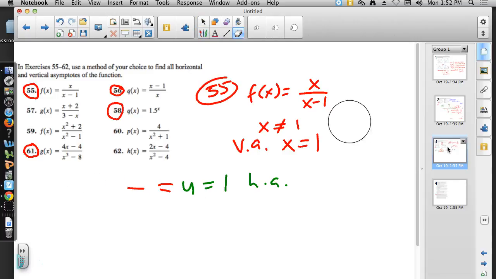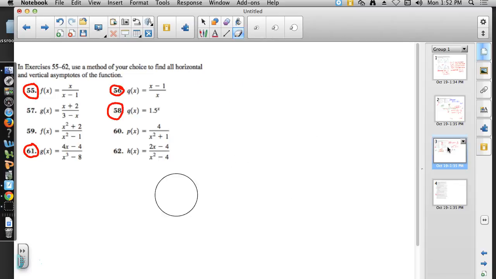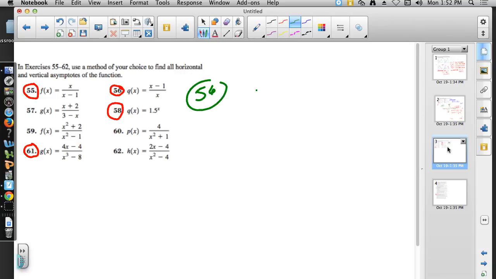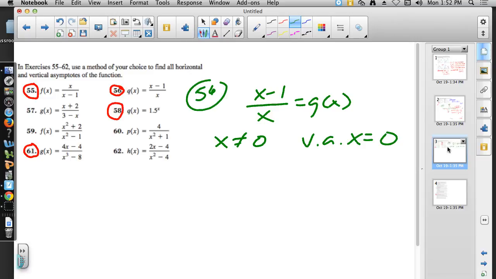Then, number 56, x minus 1 over x for g of x. Pretty obviously, x can't equal 0, so that's going to be our vertical asymptote at x equals 0 because it makes that denominator equal to 0.